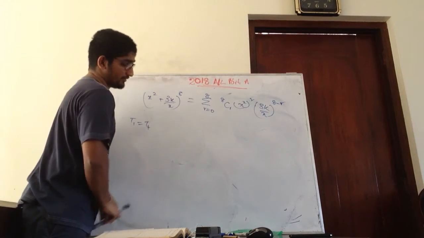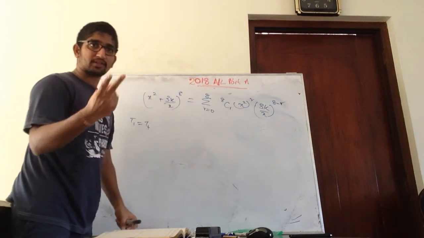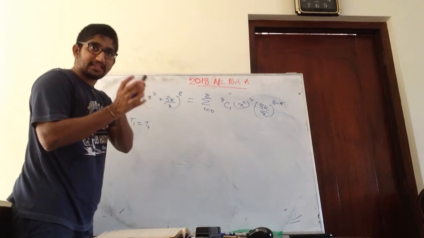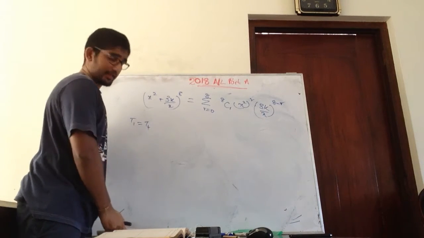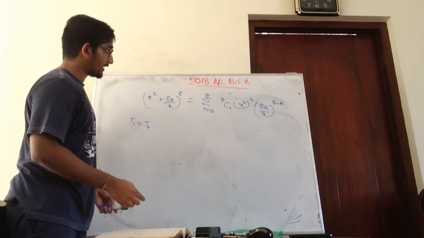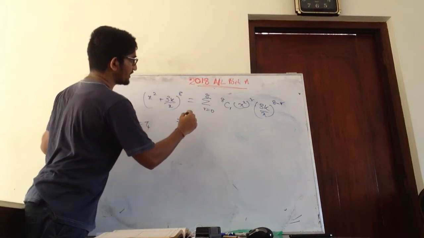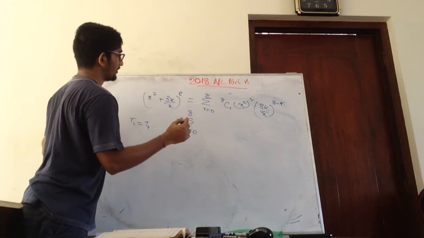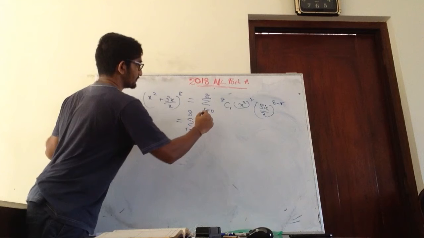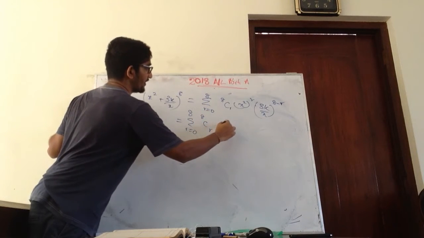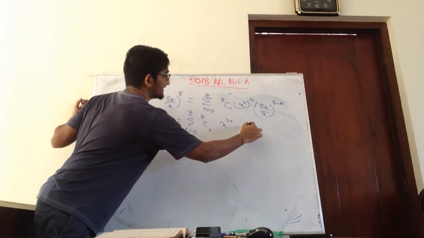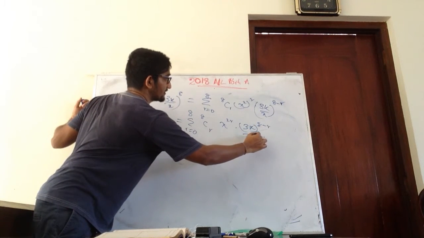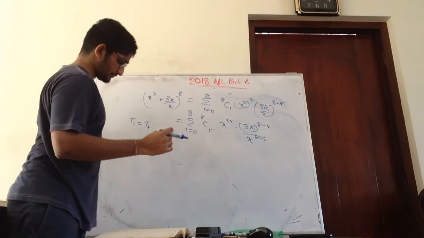So now here x is in two different places, no? So now we need to cluster those x's, right? So then if we cluster that out, we will get the sum from r equals 0 to 8 of 8Cr (3k) to the power 8 minus r, x to the power 2r minus (8 minus r). Correct, no?